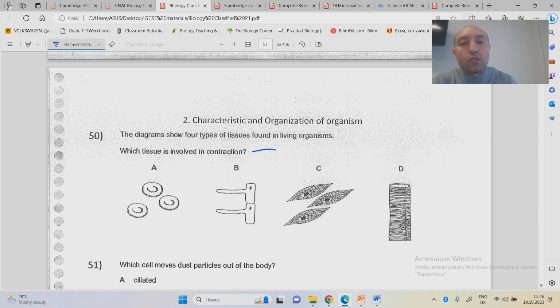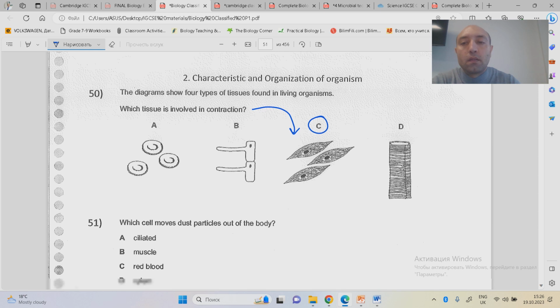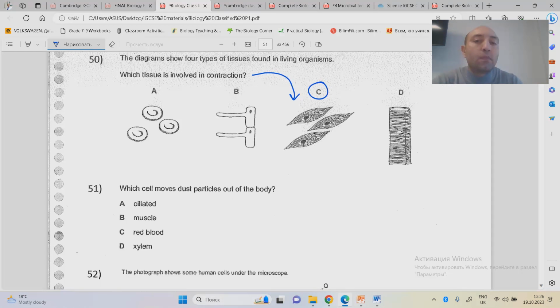Again, I said contraction is a feature of muscle, which is C. Which cell moves dust particles out of the body? First of all, dust particles are trapped by mucus, but carried by ciliated cell. Answer in here is A.